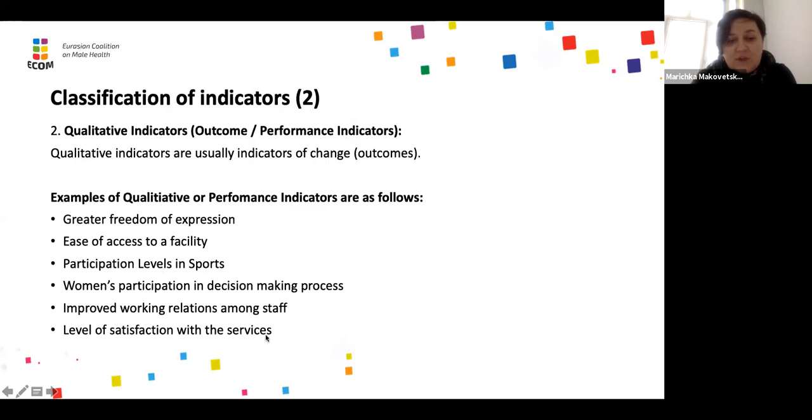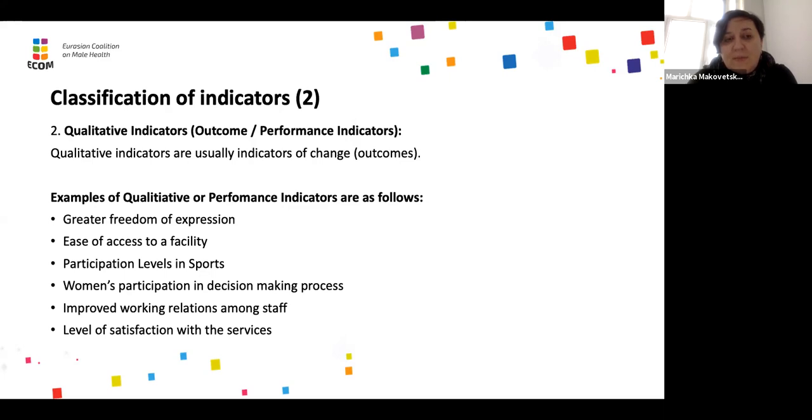Level of satisfaction with the services. That's also a very important indicator, especially for organizations that do service provision. Very often you may have a client satisfaction survey, with the aim to analyze if clients are satisfied with the level and place of services that you deliver to them.